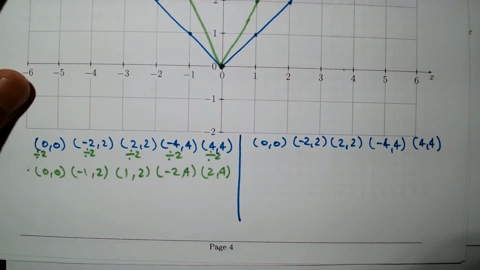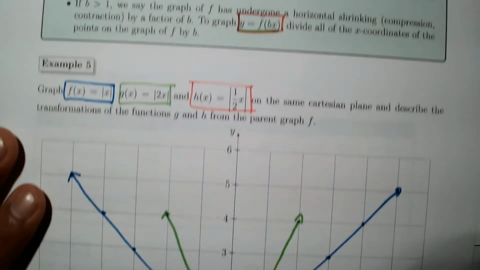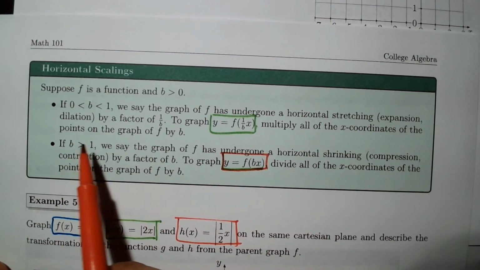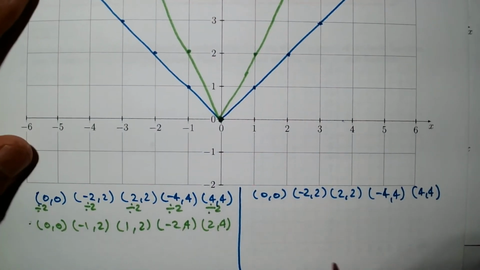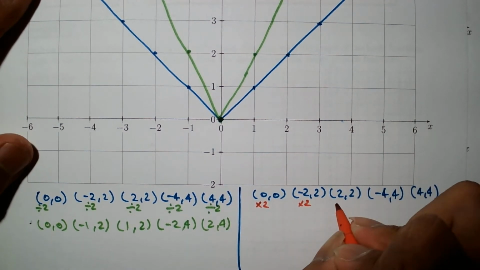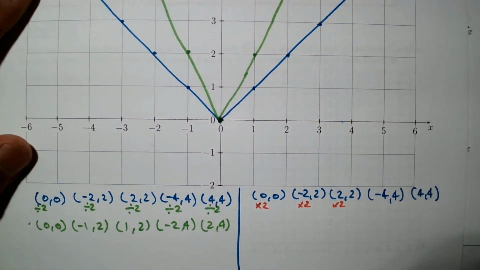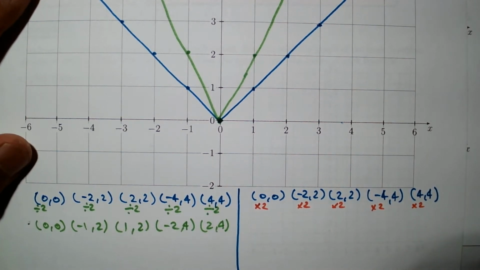Okay, and then I'm going to multiply all x coordinates by, in this case, 2. Times 2, times 2, times 2, times 2, times 2. Okay.